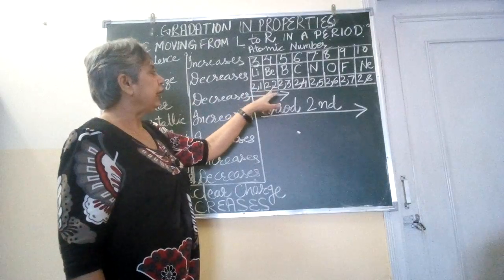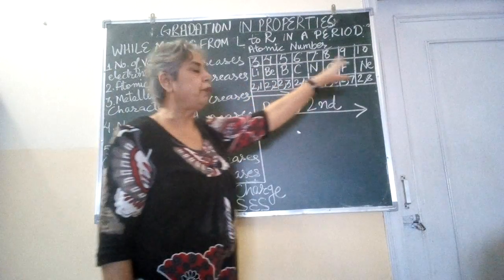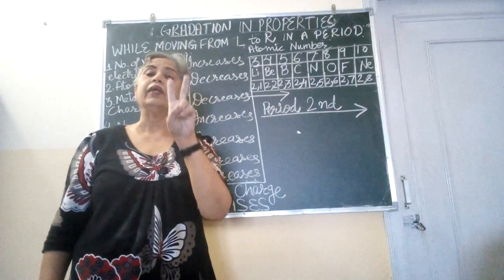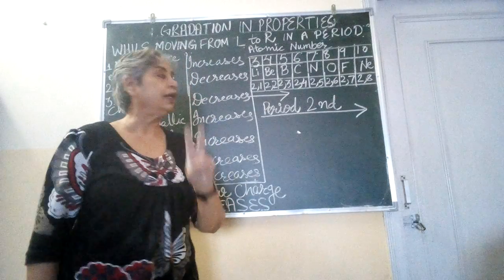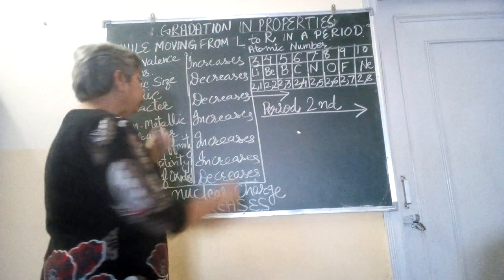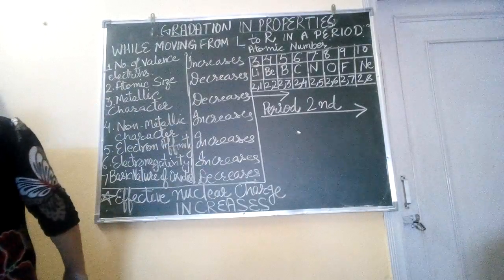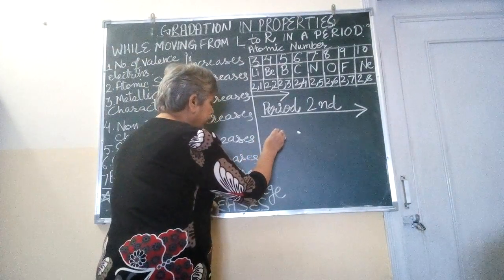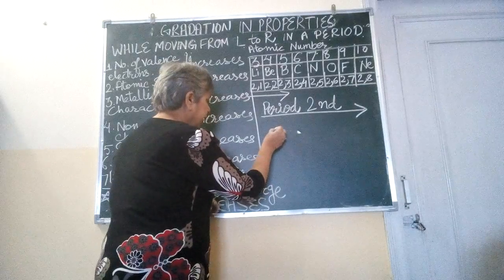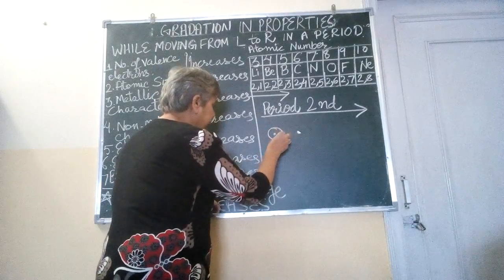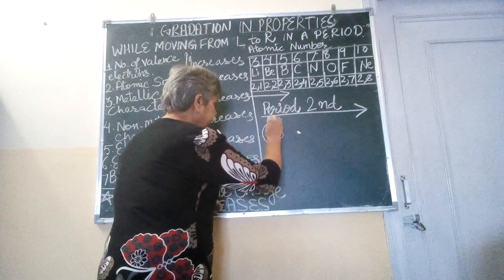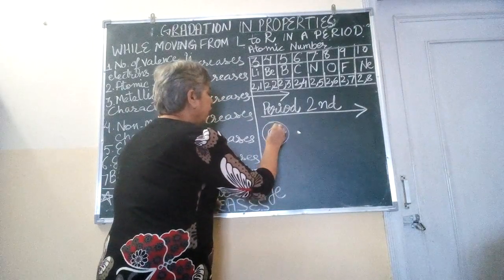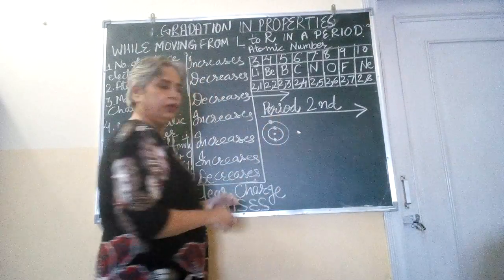So starting from lithium up to neon, the number of shells remains the same, and that is 2. Children, you can see here a lithium atom with 1 nucleus and 2 shells, with 2 electrons and then 1 electron.